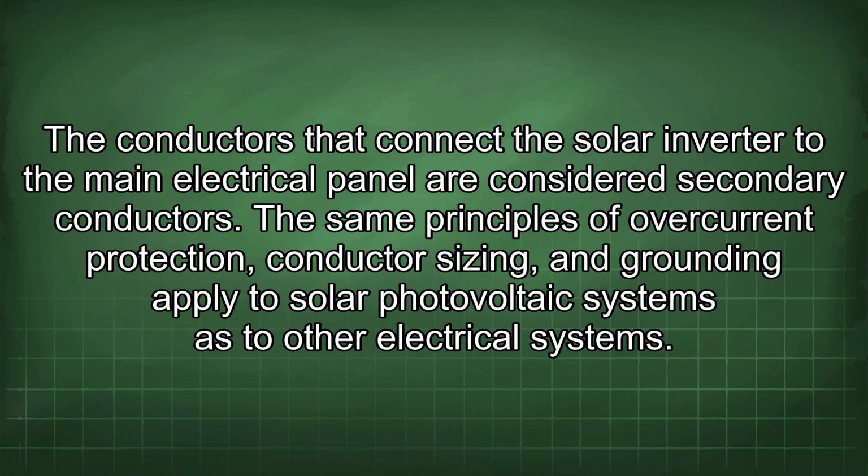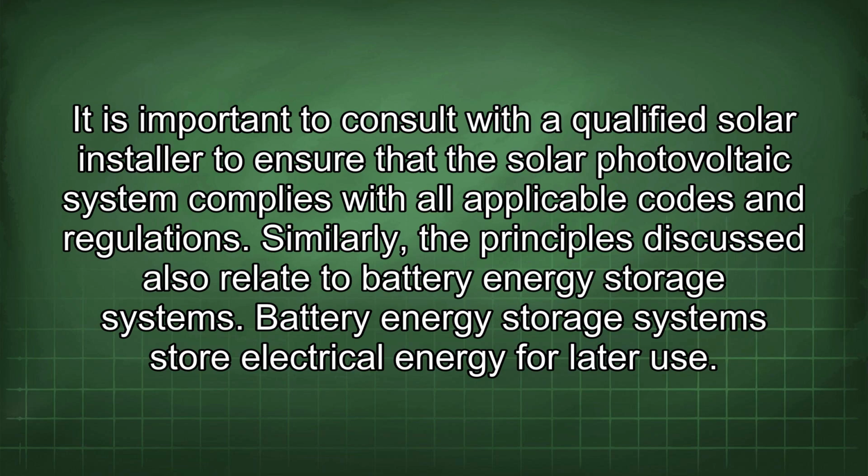The same principles of overcurrent protection, conductor sizing, and grounding apply to solar photovoltaic systems as to other electrical systems. It is important to consult with a qualified solar installer to ensure that the solar photovoltaic system complies with all applicable codes and regulations.